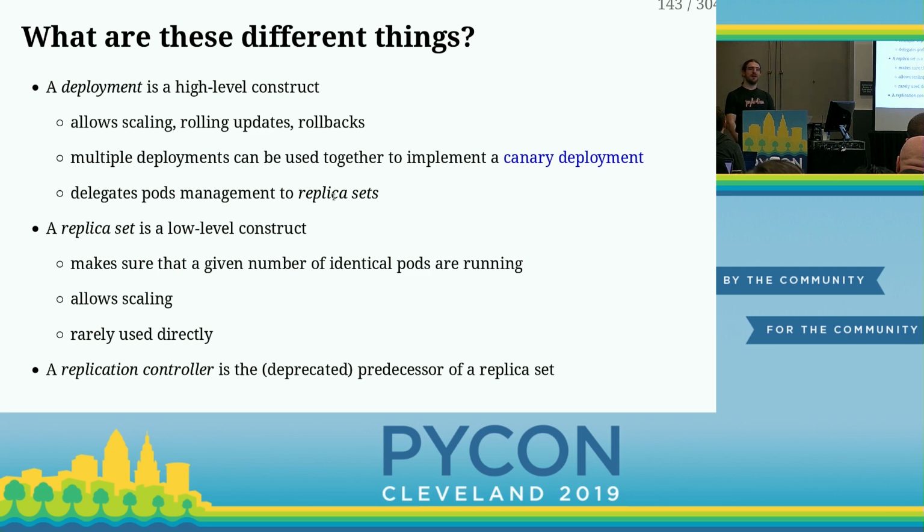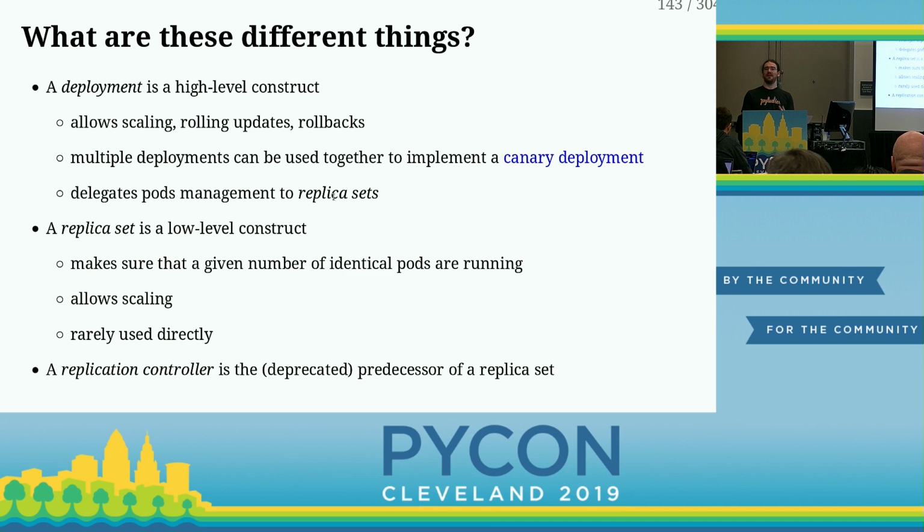So let's say I create a replica set saying I want 5 pods pinging 1.1.1.1. And then I change my mind. I say I want to ping 2.2.2.2. So I update the definition of the replica set.